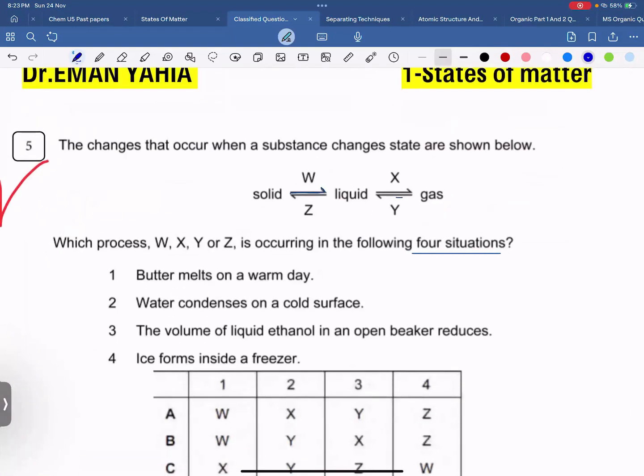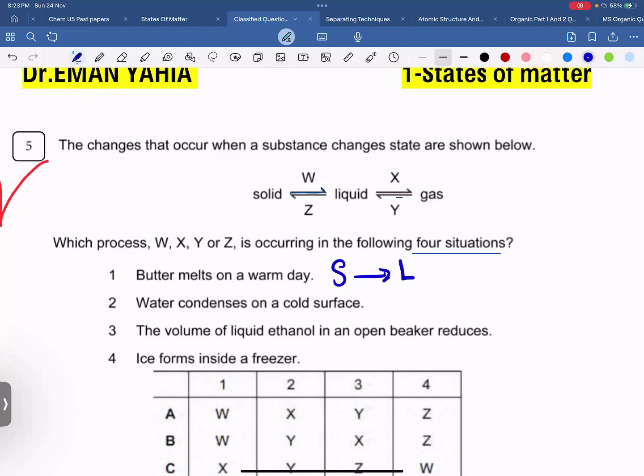The changes that occur when a substance changes state are shown below. So which process W, X, Y, and Z is occurring in the following four situations? Butter melts on a warm day. Butter is a solid, turns to liquid.